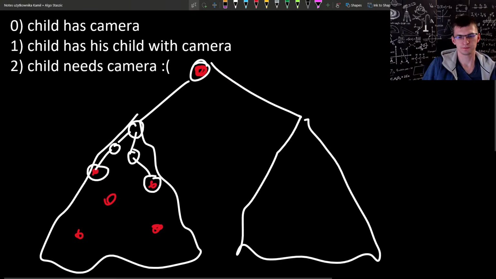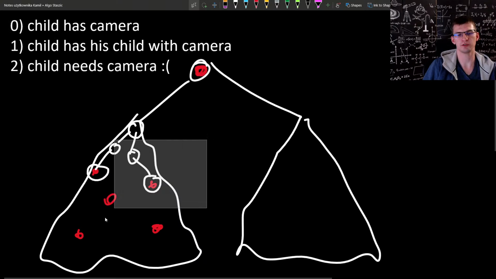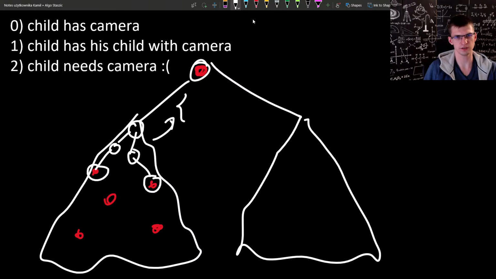And if we want to do DP here, for each of those 3 cases we want to know the minimum number of cameras in the subtree. So a dfs run on this vertex should return a triple with values like 5, 6, 4. I don't know if those values are possible.